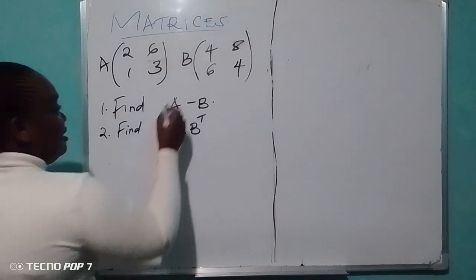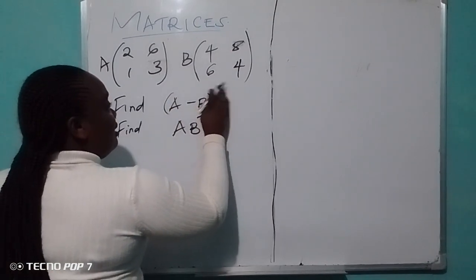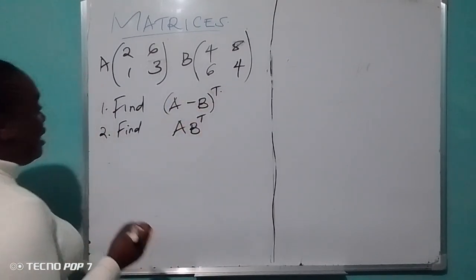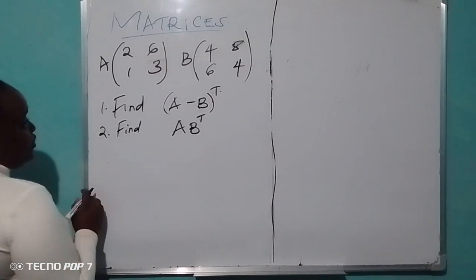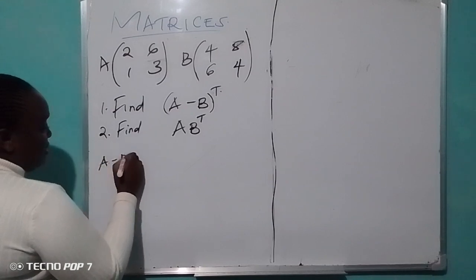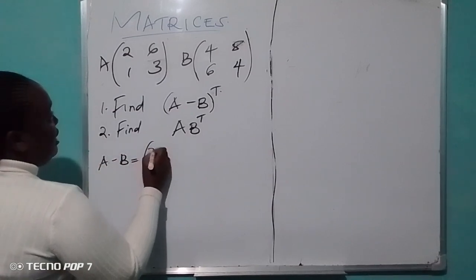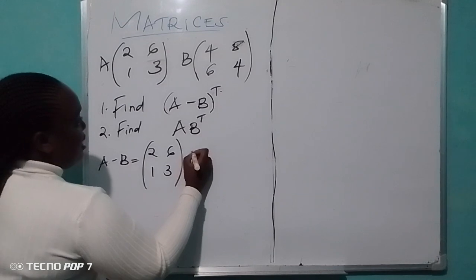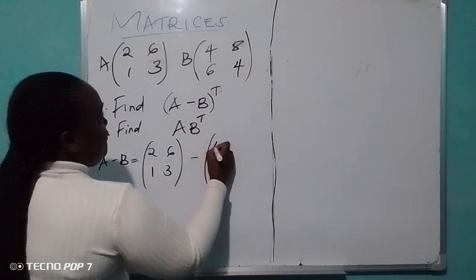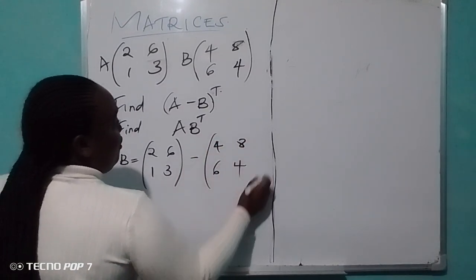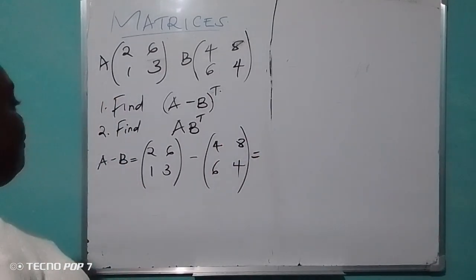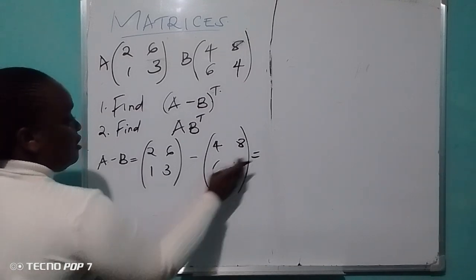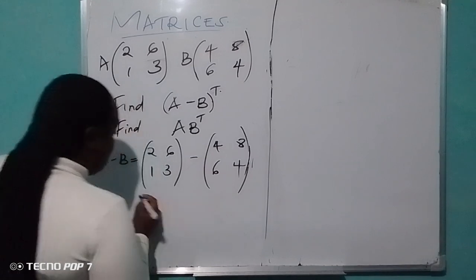We can also find the transpose of this. So first, find A minus B. So what do you do? You quote A minus B is equal to A, which is 2 6 1 3, B is 4 8 6 4. So continuing, let's write it properly.